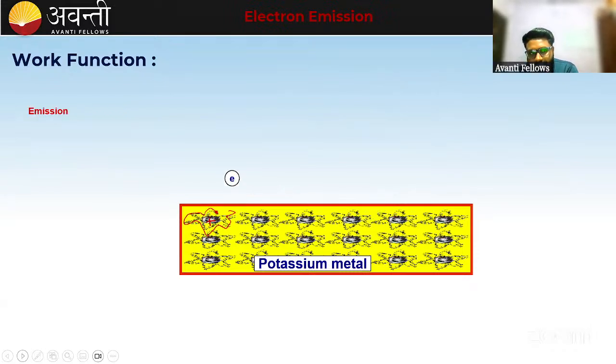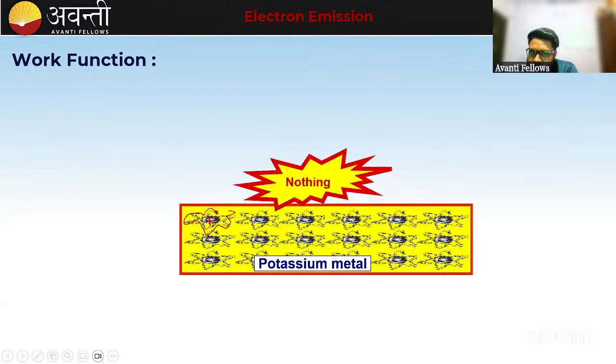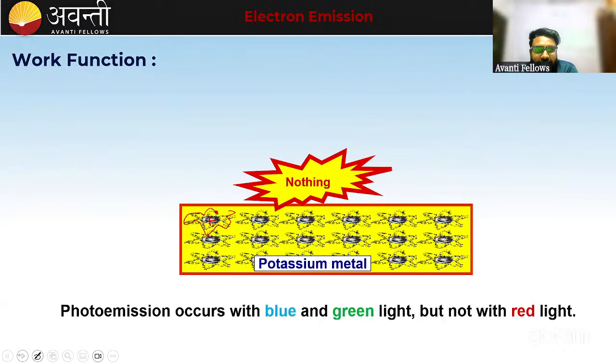Look, electron is emitted, and when the green light is coming, then also the emission is happening. But what about when red light is coming? When red light is coming, there is no emission, okay, nothing happens.